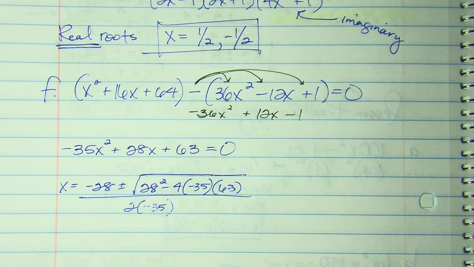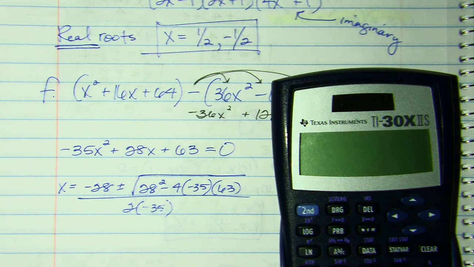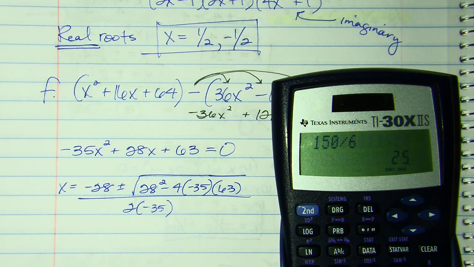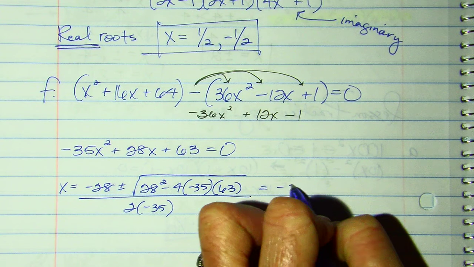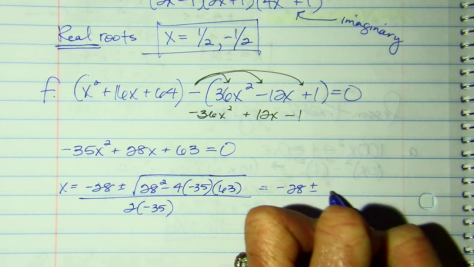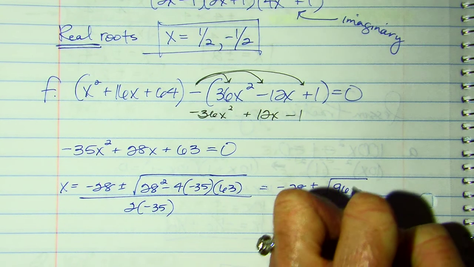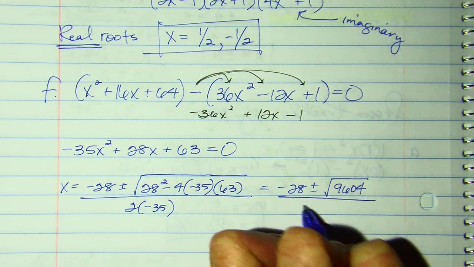And then we're going to simplify. So I'm going to start with what's under the square root. So 28 squared minus 4 times negative 35 times 63. Okay, so I get negative 28 plus or minus the square root of 9604 all over negative 70.